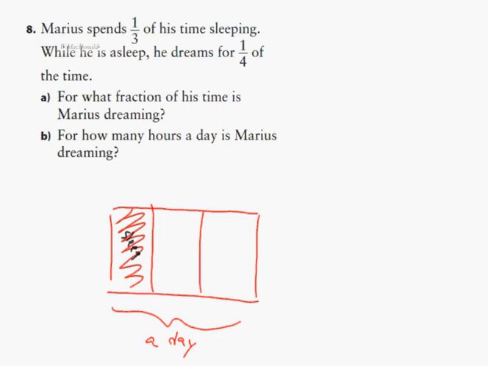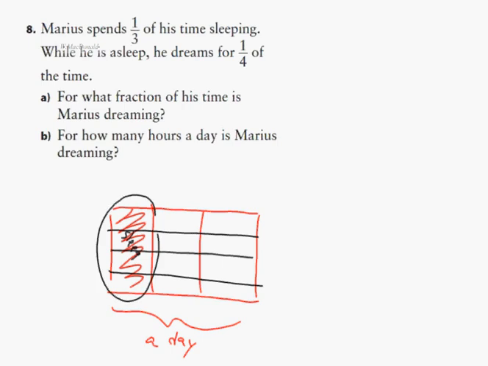But of all his sleeping time, 1/4 of that is spent dreaming about mathematics. So if I divide this part into quarters, and say that that is 1/4 of the time he sleeps, that part right there represents his dreaming. This represents sleeping without dreaming.